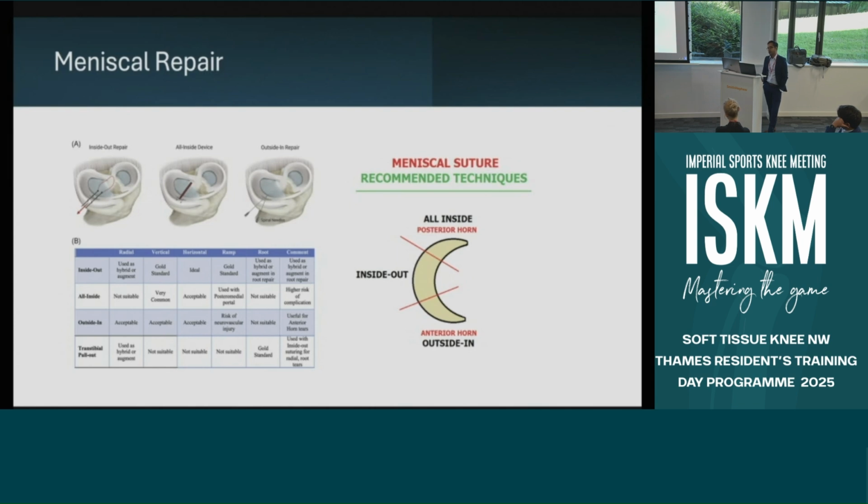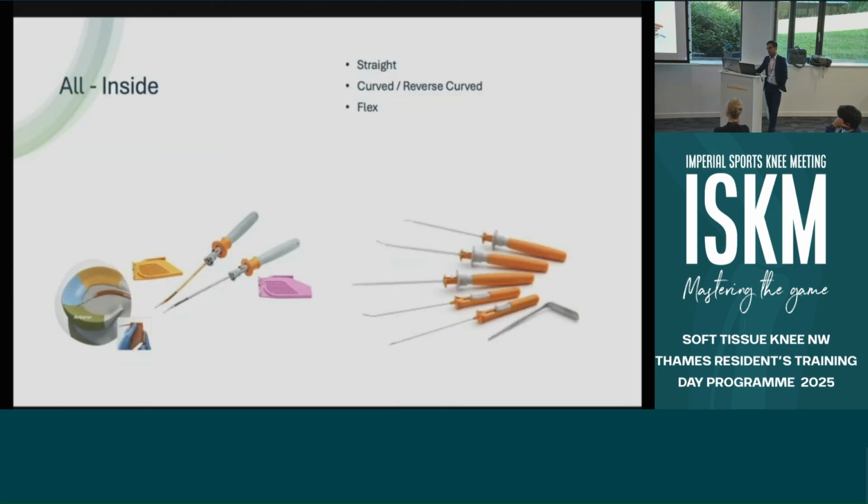I'll touch on these very quickly. So the all inside, you've got different equipment. All of it's orange, as you can see here. Flex is quite helpful because you can start curving it around, so in theory, you can do some of these more anterior tears with that. I quite like it actually.